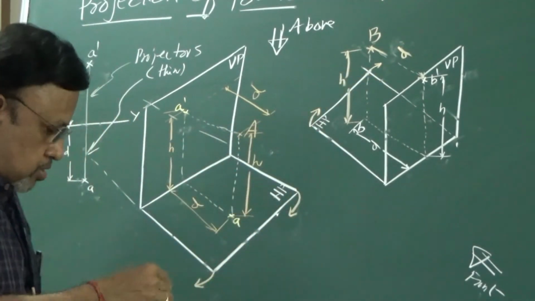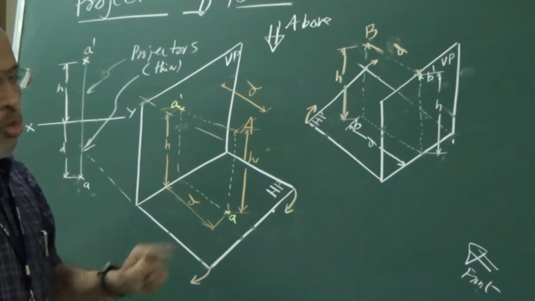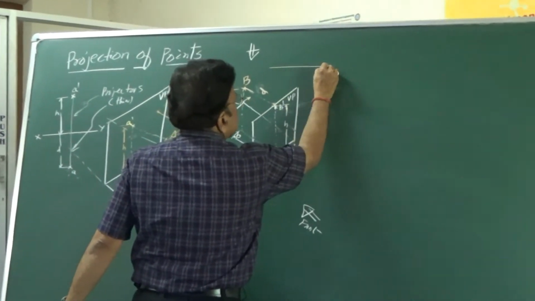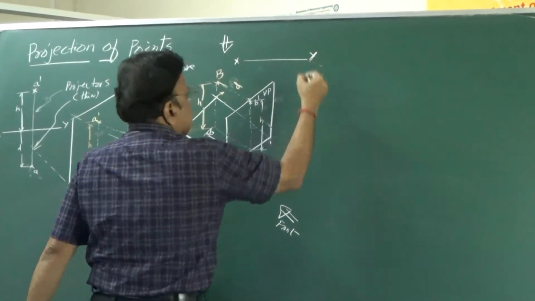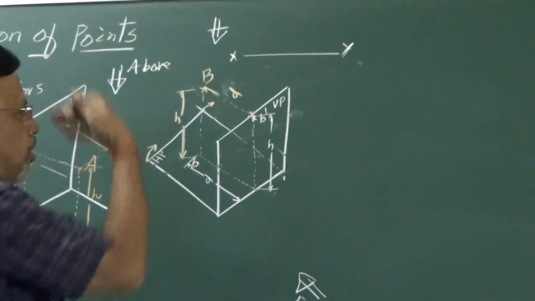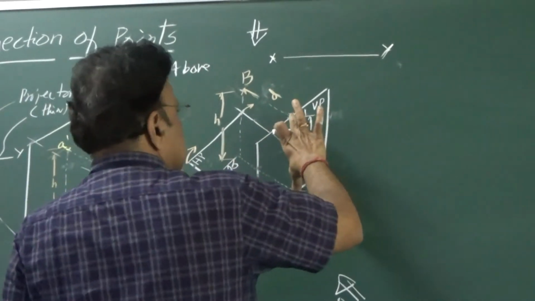Okay, now let me draw it. Anyway, I am interested to show it on an XY line, orthographic projections. Again as usual I will draw the XY line. Then, both top view and front view are above the XY line. So I will take this distance. This is H distance.